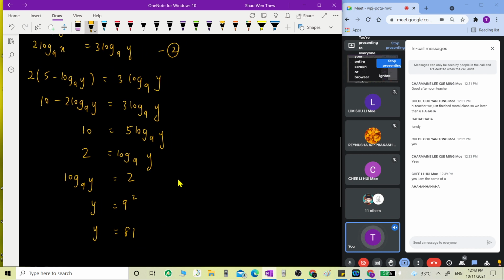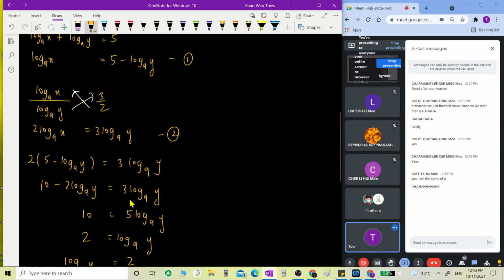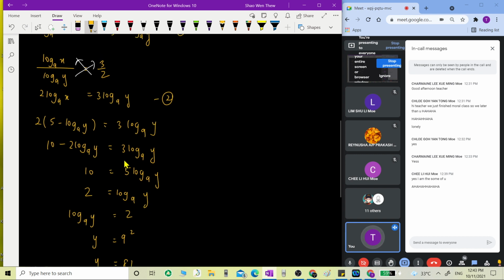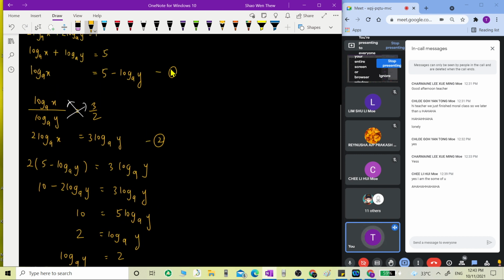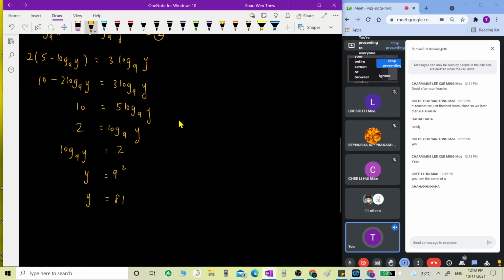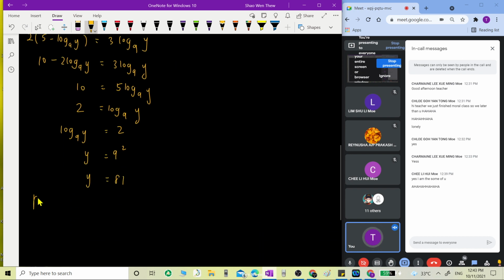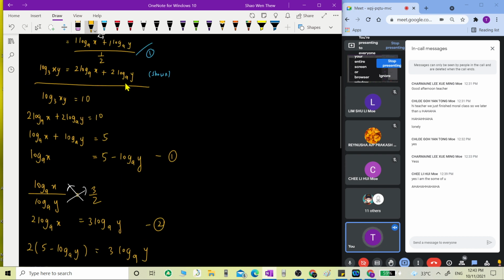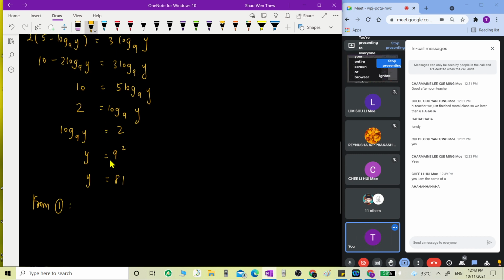I see some of you use another method. Yes, as long as you can get the x and y. After you get the y, you can put into 1 or put into 2 also can. So maybe I write from 1. From 1, I put 81 into here. So log 9x equal to 5 minus log 9y, right?